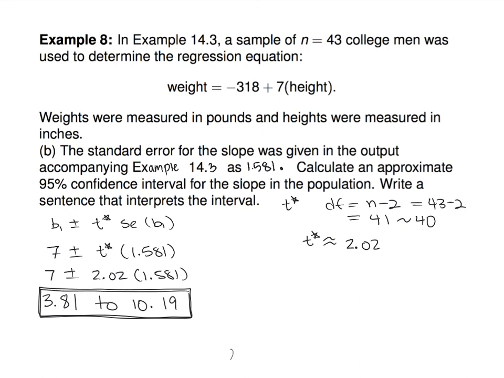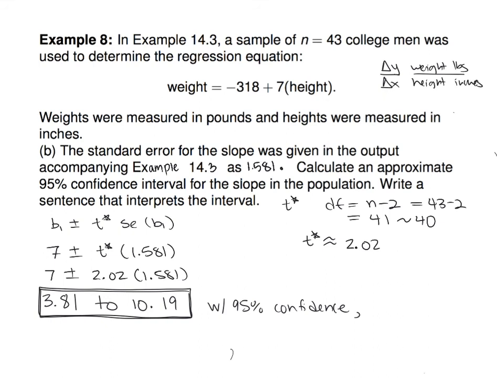So let's just write a quick interpretation there. With 95% confidence, so think about what that slope means. It's change in y over change in x. So change in y is weight, which is pounds. Change in x is height, which is in inches.